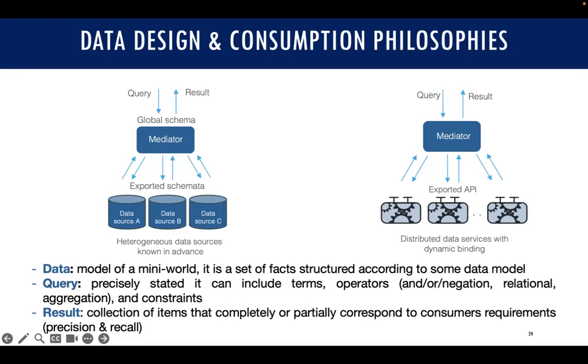Okay. This is not only relational solutions, but this is also how the search engine works. You have the search engine, it doesn't represent a mini world, but it harvests data, which are text and textual data from the web, and then the queries are specific. There are terms, keywords, and the keywords can be combined according to specific operators.